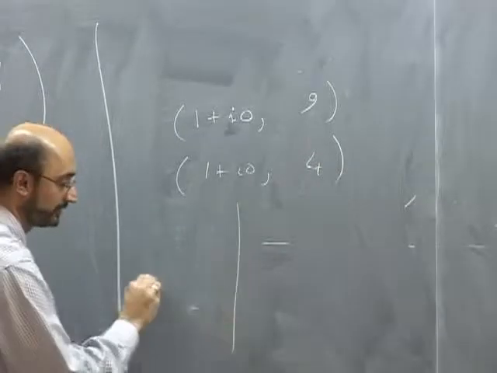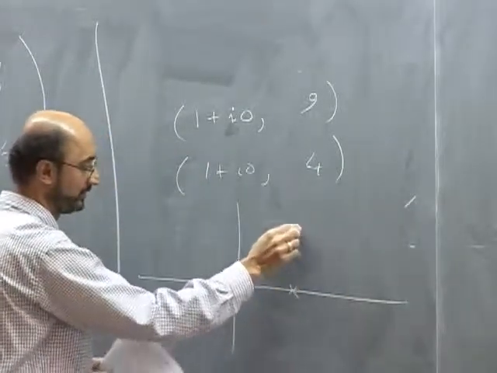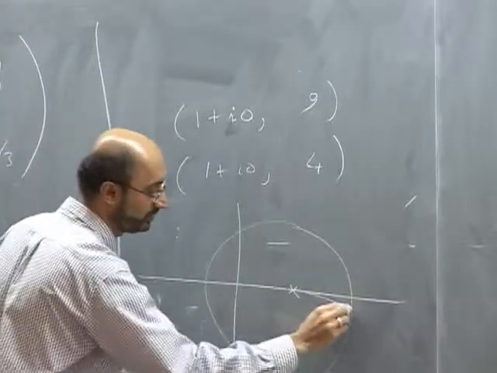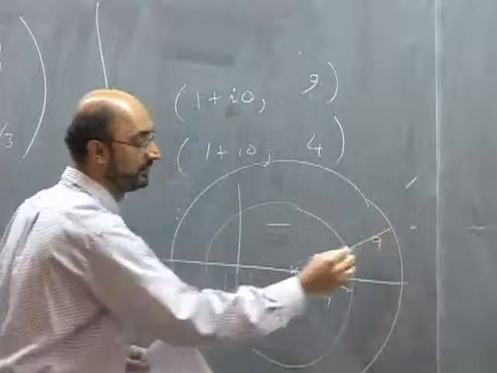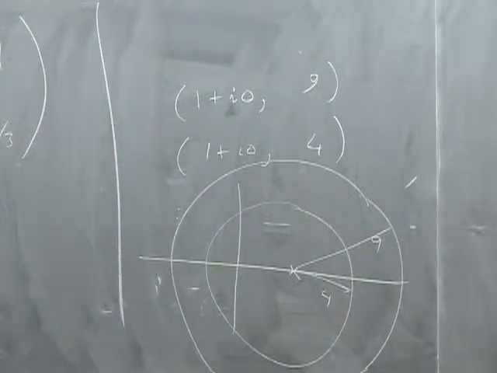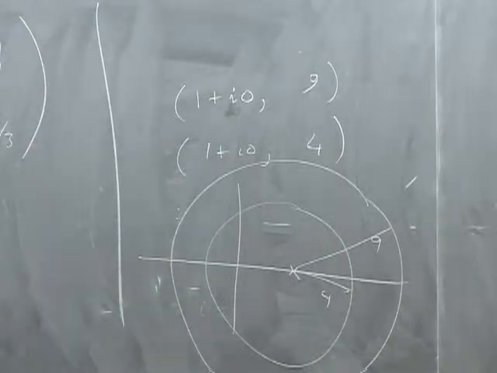If you want to draw it, it's on the x-axis at 1, a disk of radius 4, and another disk of radius 9. Those are the two disks, and eigenvalues are going to lie somewhere there. If you remember, the eigenvalues of this are minus 5 and 7, and you'll find that minus 5 and 7 both actually lie inside one of the disks.